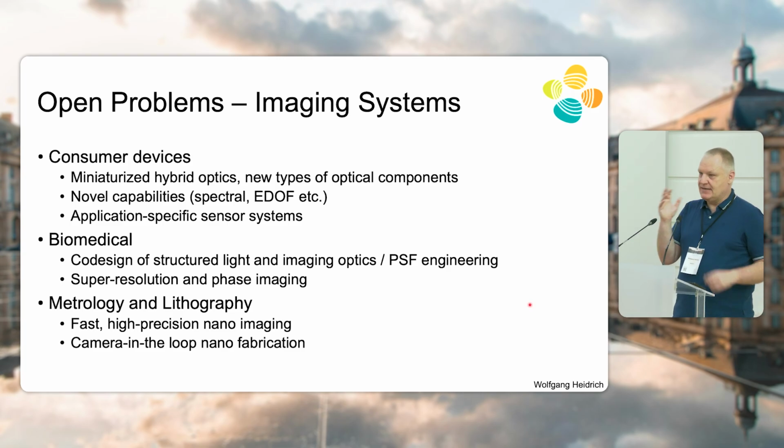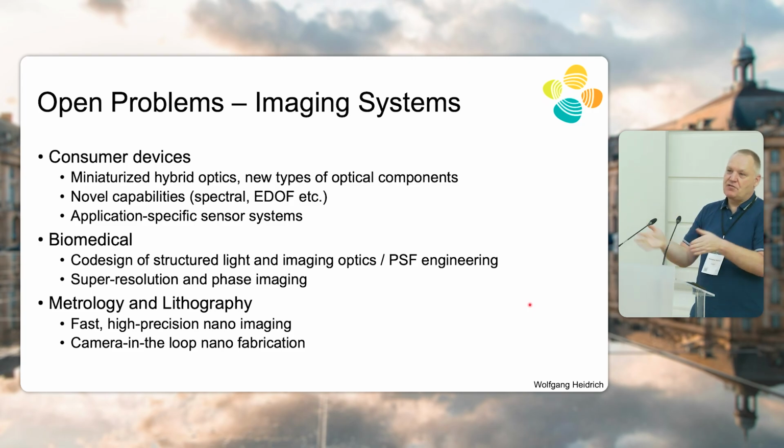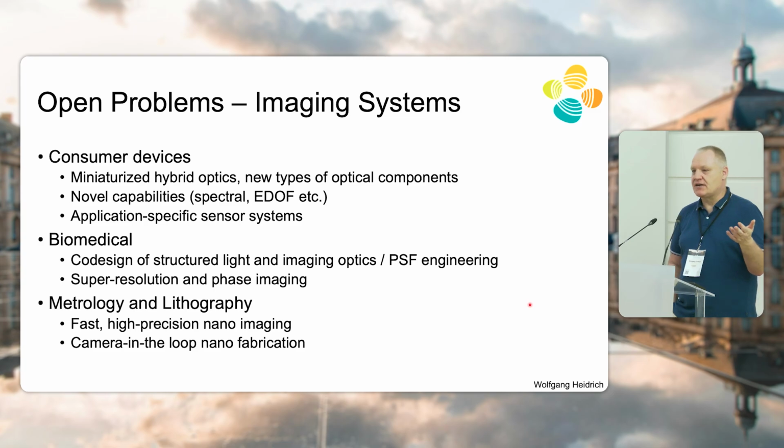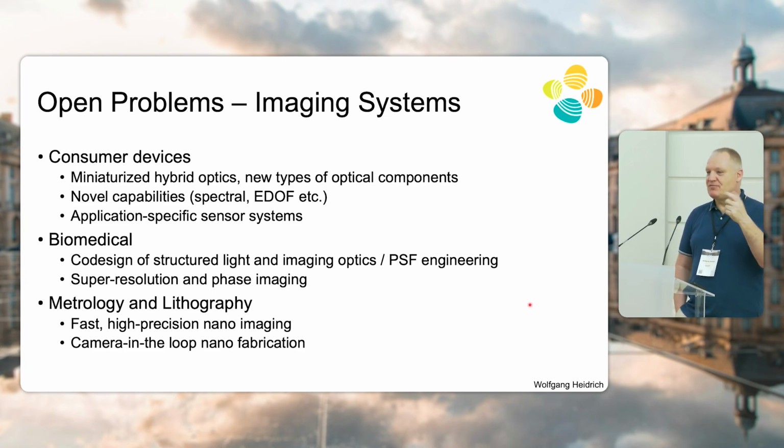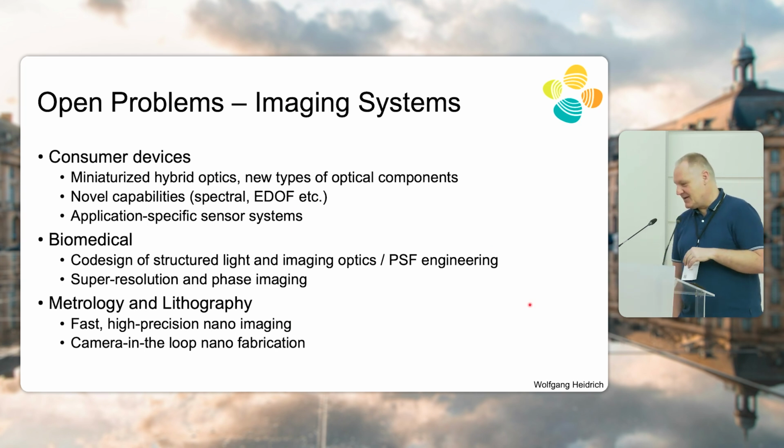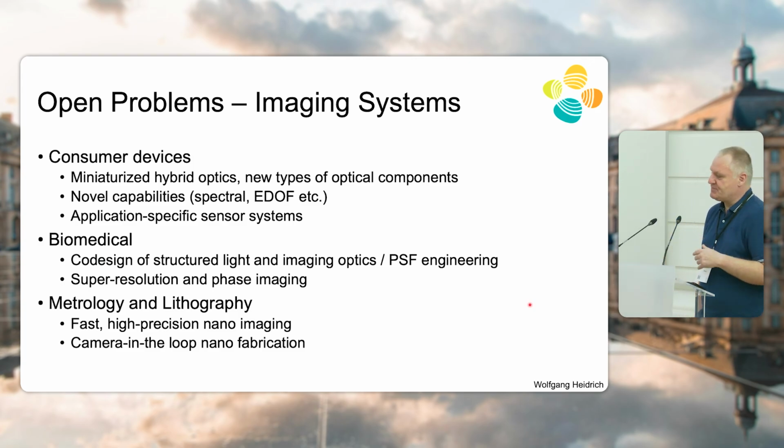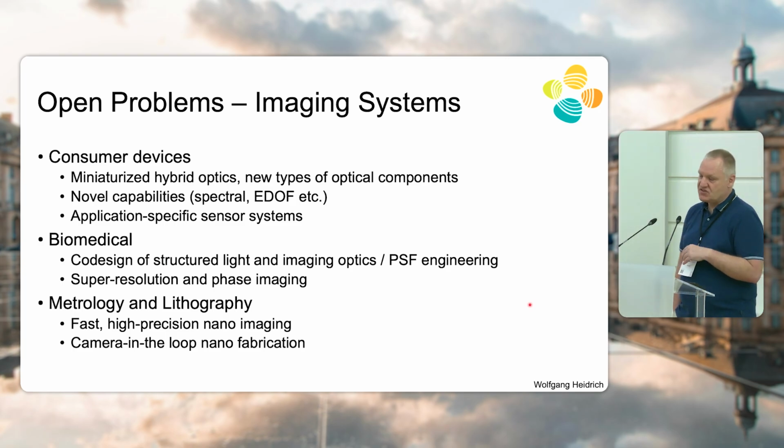I think cell phones in a couple of years will have combinations of diffractive and refractive optics, because that's the only way you can get the same performance with a smaller form factor, or better performance with the same form factor.